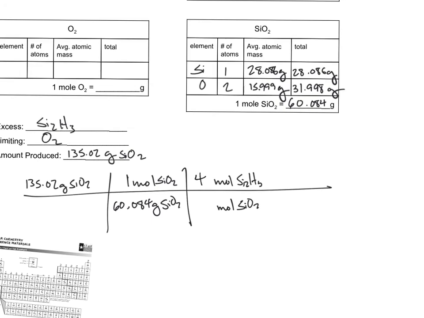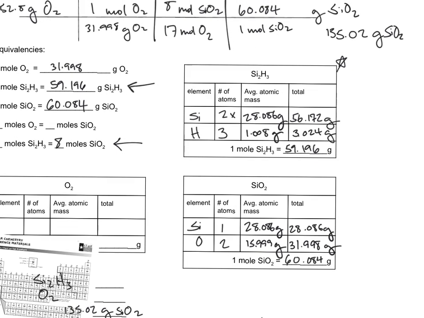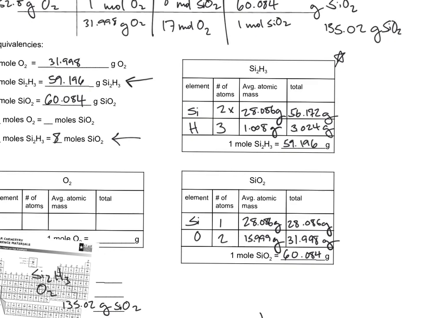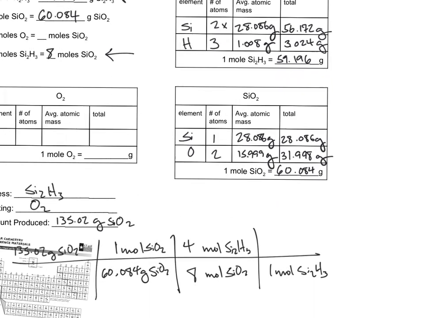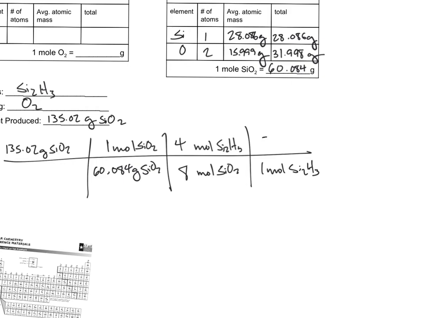So that gets us in moles of Si2H3. And then we're going to change that to grams using the molar mass we already found. 1 mole of Si2H3 has a molar mass of 59.196 grams.